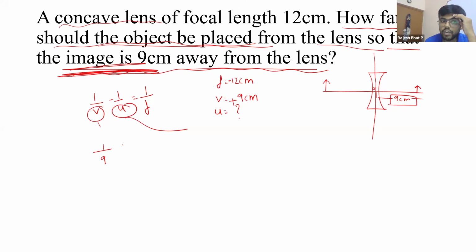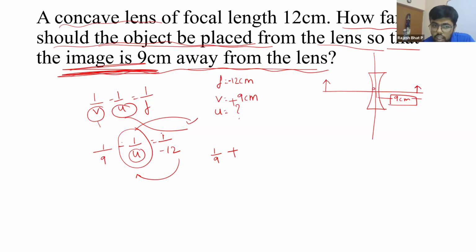Now just solve. 1 by V minus 1 by U is equal to 1 by minus 12. Now you have to be very careful here. You have to do some very important basic mathematics. I want U, no? So I'll send this entire thing to the other side, and this entire thing to this side. So it will become 1 by 9.